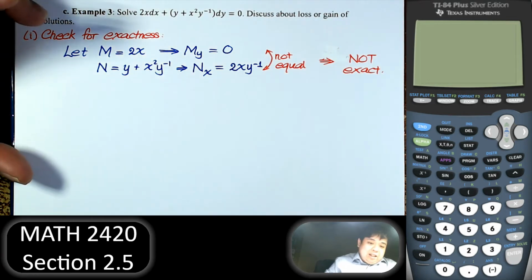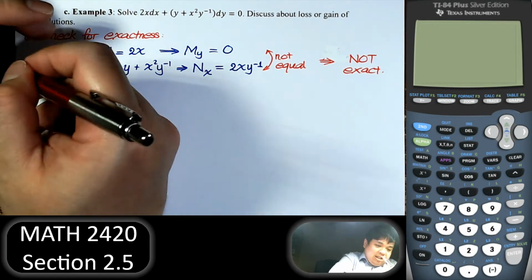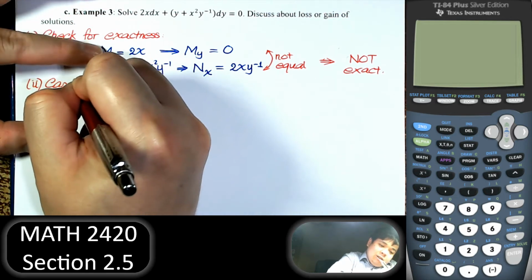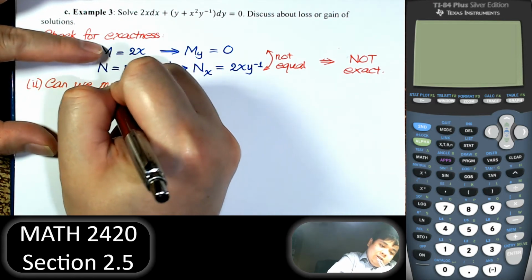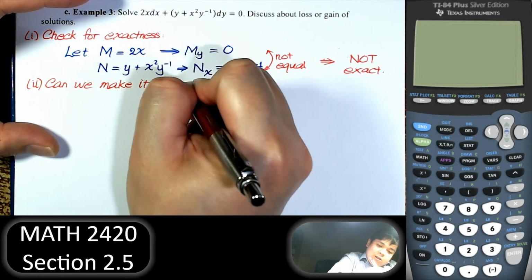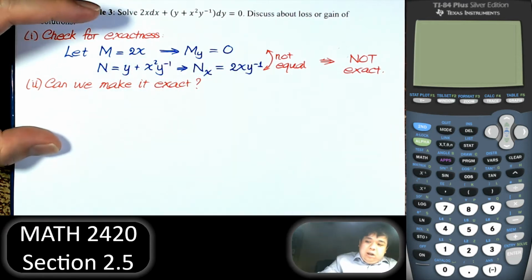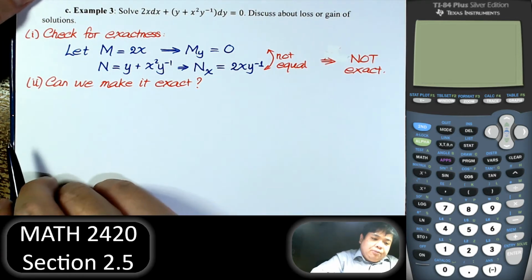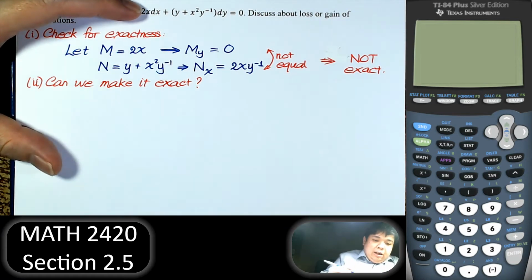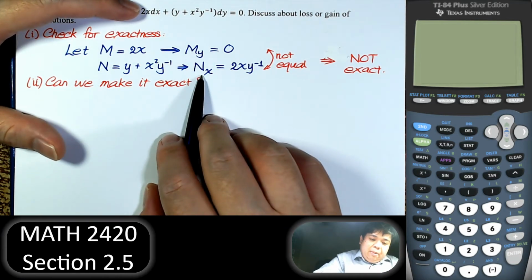Right. The second, can we make it exact? Right. So we subtract them in any order.